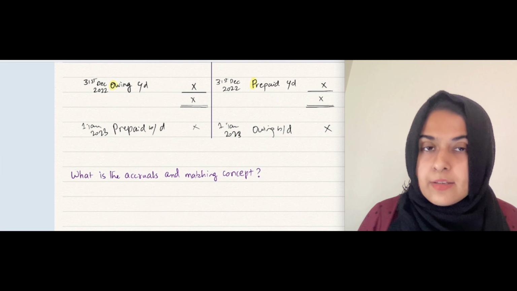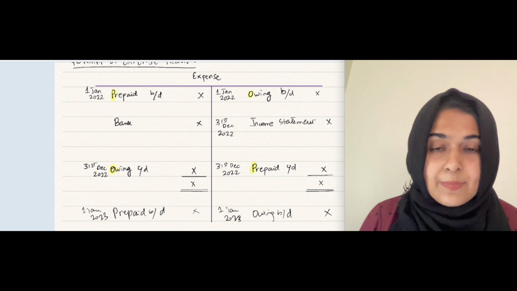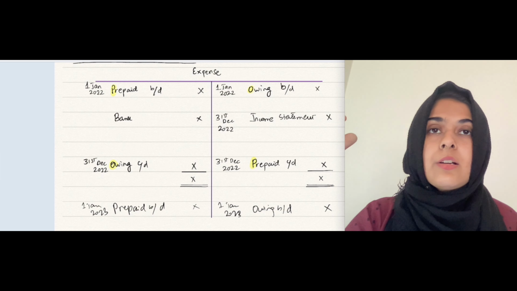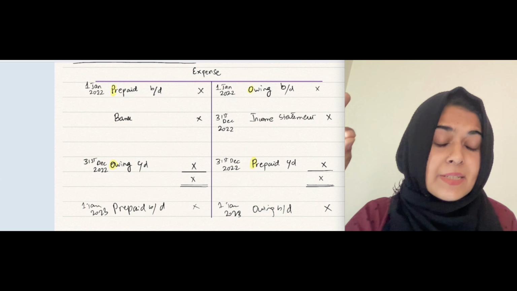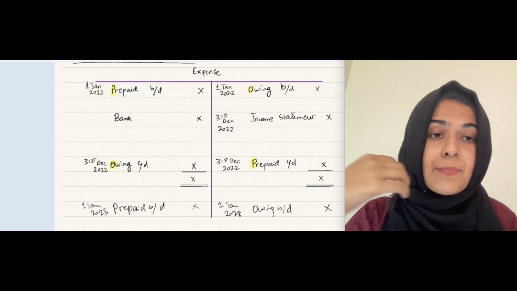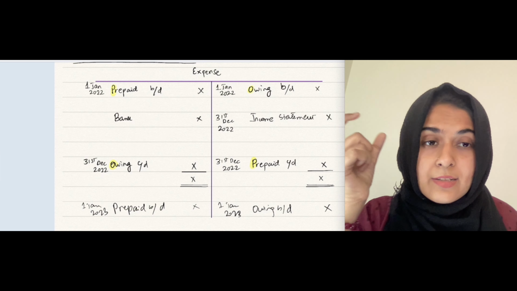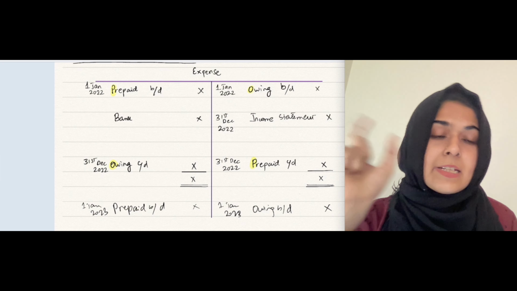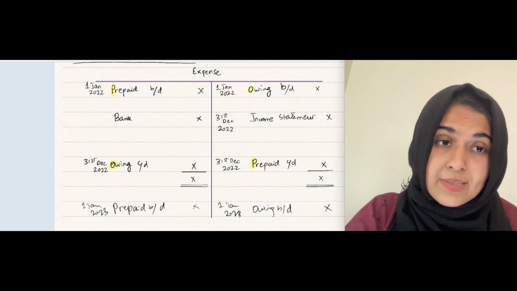Okay, and then I told you how the accruals and matching concept is applied to the expense account. So you need to know that you are not interested in what you are paying. इनकम स्टेटमेंट में आप वो अमाउंट नहीं लिखते हैं जो आपने पे की. इनकम स्टेटमेंट में आप वो अमाउंट लिखते हैं जो आपने इनकर की. जितनी सर्विस आपने यूज़अप की है उतनी इनकम स्टेटमेंट में अमाउंट जाएगी. ठीक है. बिकॉज इनकम स्टेटमेंट इज़ नॉट बेस्ड ऑन कैश कॉन्सेप्ट.